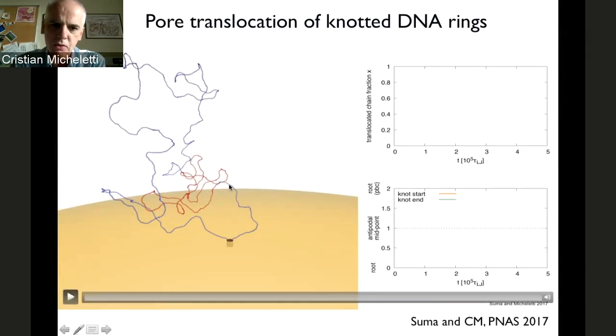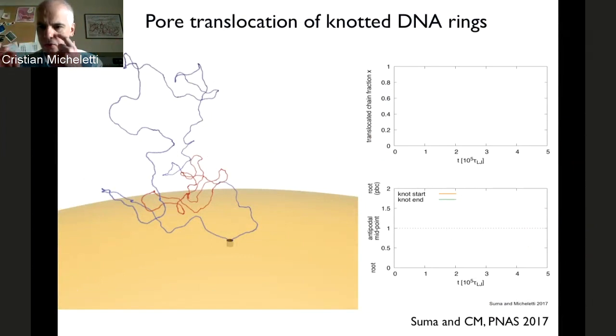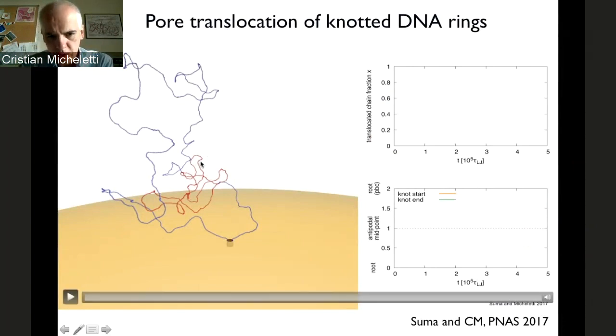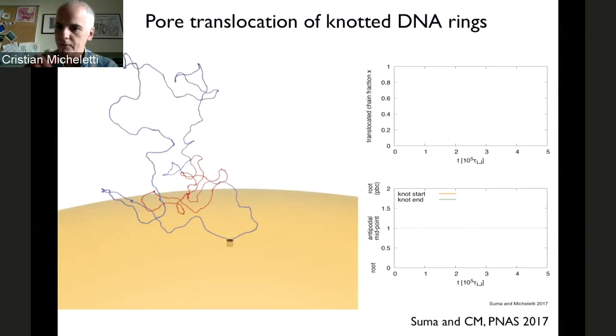So the filament that you see here just looks like a very simple one-dimensional thread, but it's actually this double helical structure. And the red region, which I hope you can see, is where the knot is. So this is a circular knotted DNA ring with a trefoil knot inside, which we designed by hand.